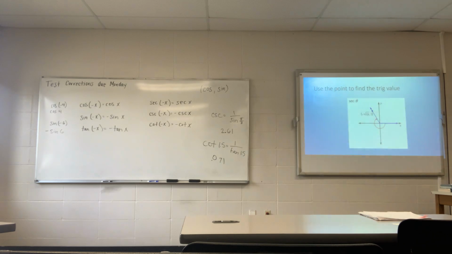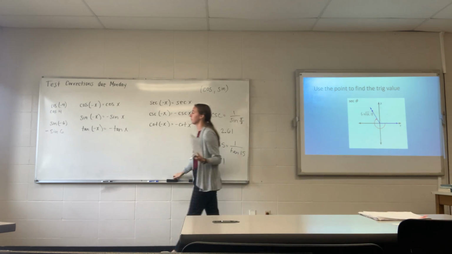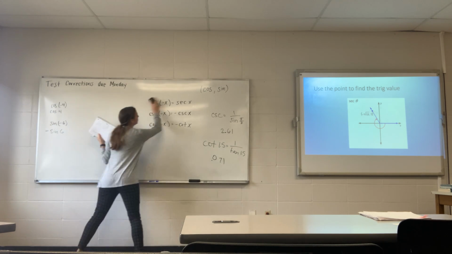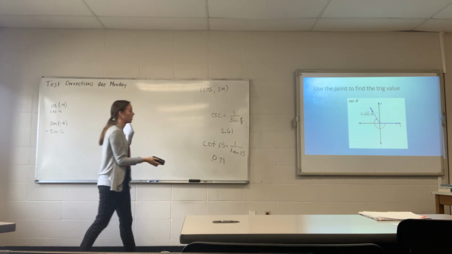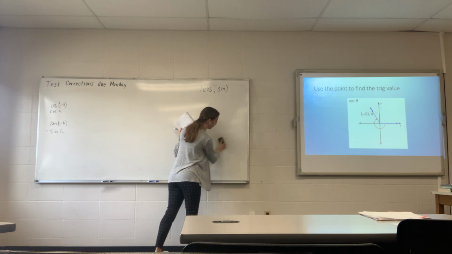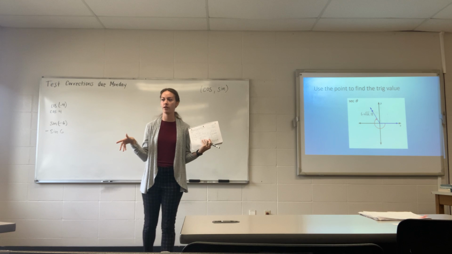Okay, last thing. Use the point to find the trig value. I'm trying to find my secant at this point right here. I don't know anything about my angle. I don't know if it's one of the angles on the circle or not, so I can't just think secant is 1 over cosine.